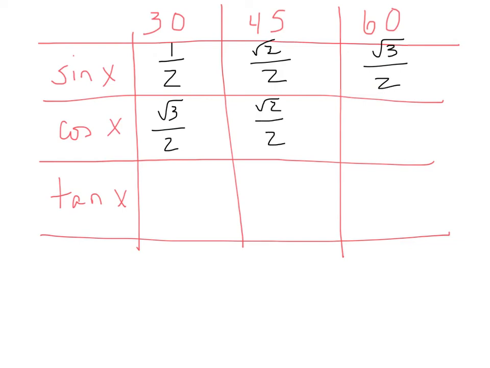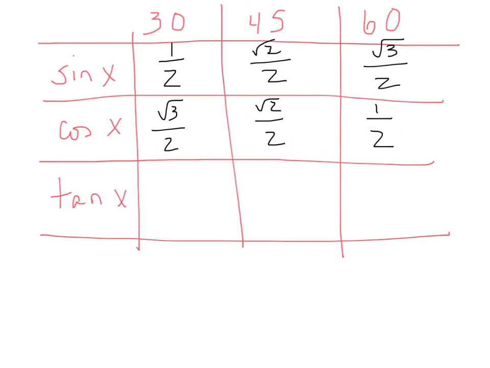And the cosine of 60 is the same as the sine of 30, so that's 1 over 2. So again, it goes in order, 1 over 2, radical 2 over 2, radical 3 over 2. And then it backs it up: radical 3 over 2, radical 2 over 2, 1 over 2. So it's in the same order, but backwards direction.